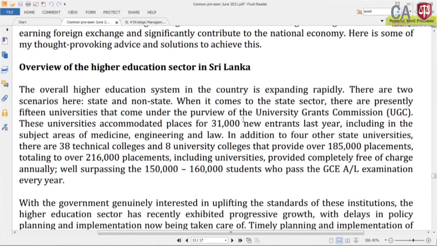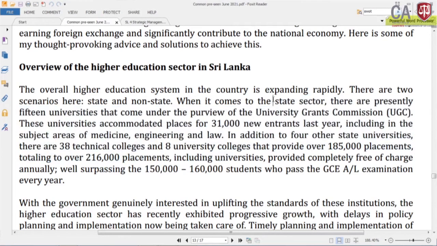Here, see, state sector 15 universities. Look at the numbers.